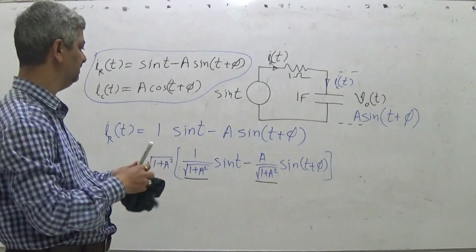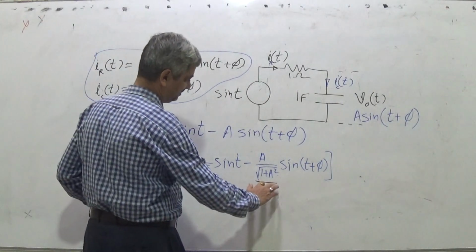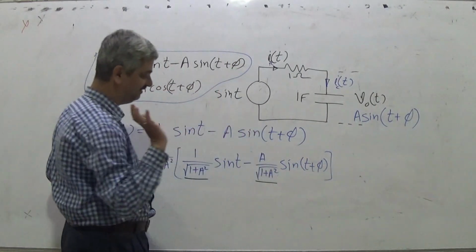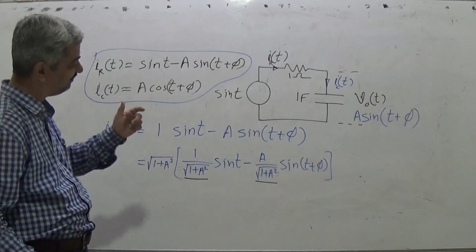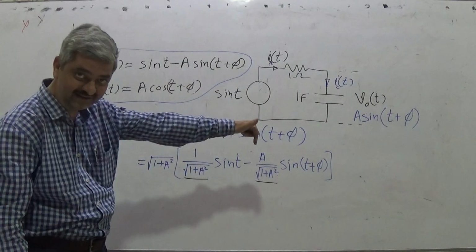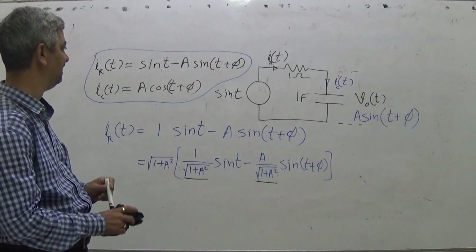So this I can assume as cosine, this I can assume as sine. But again there is a problem: sin(t plus phi) is there. So for that t plus phi you will be required to expand. So directly as such here I don't get it.